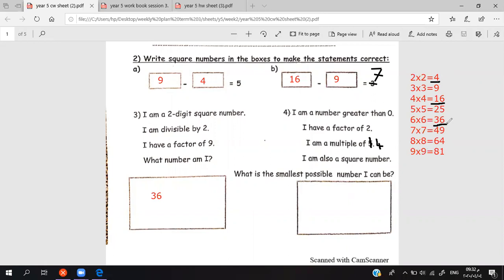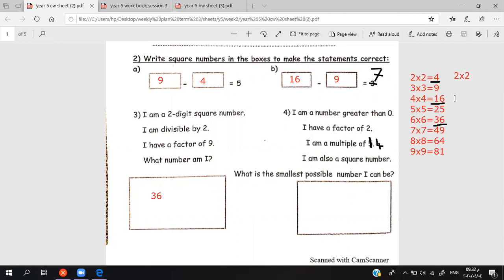Okay. I'm a square number. I have a factor of 2. All of them can have a factor of 2. You know why? Let us try. This is 2 times 2 gives me 4, so definitely it has a factor of 2.